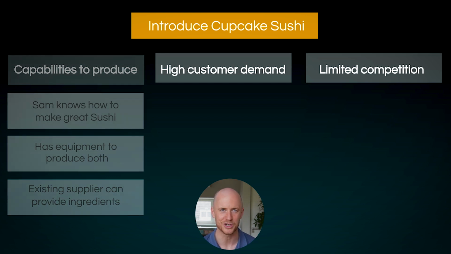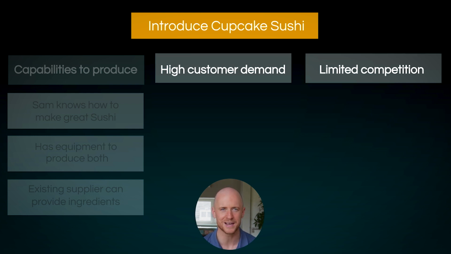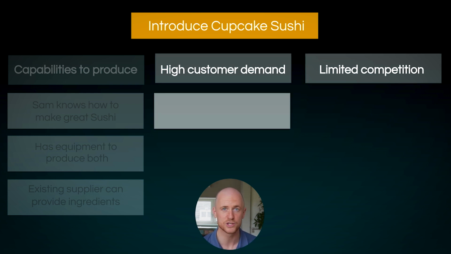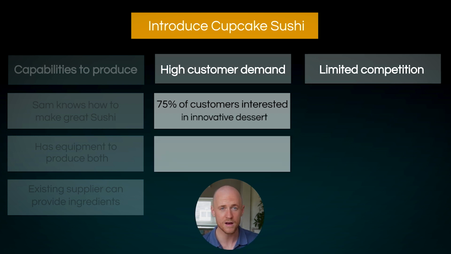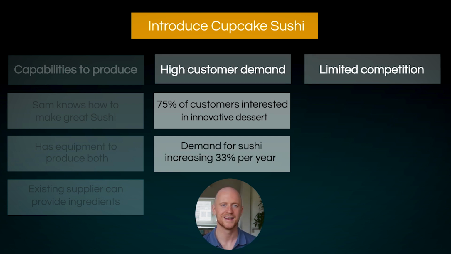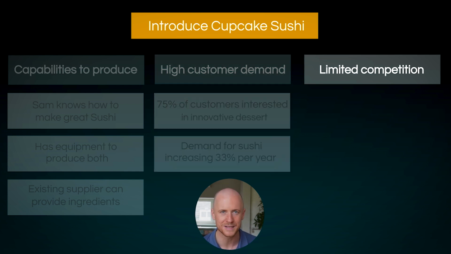Moving to the next argument, that there is a high customer demand. You could show another 2 data points to really back it up. You could say that first, a survey has shown that 75% of the customers are interested in more innovative desserts. And second, that another study has shown that the demand for sushi is growing by 33% per year. And then lastly, you move into the last argument, that there's limited competition.